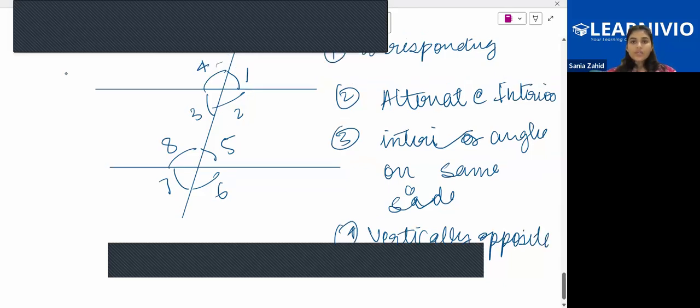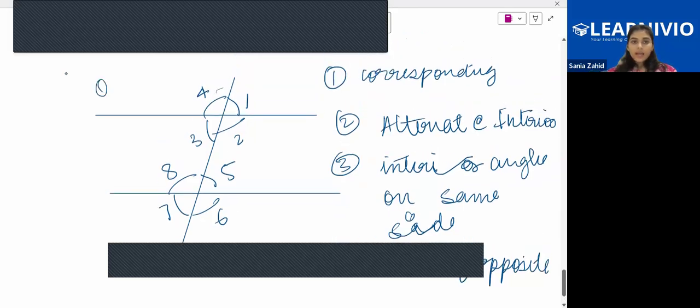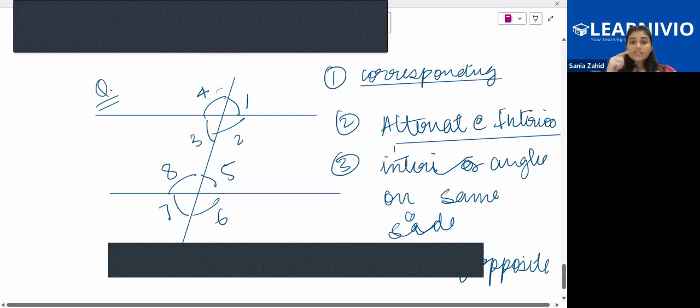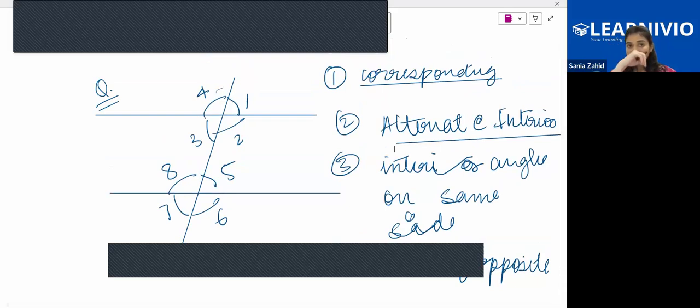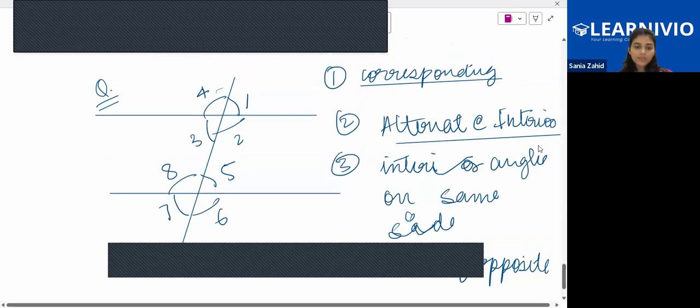See, you have this figure given, and in this figure, you have to name the corresponding angles, alternate interior angles, and the interior angles on the same side. Same side is like the ones that I explained to you. Then you have to name the vertically opposite angles. Do you understand the question?